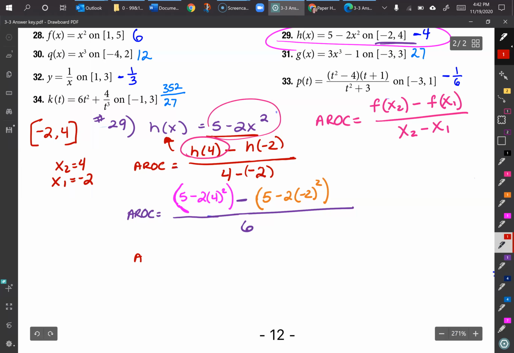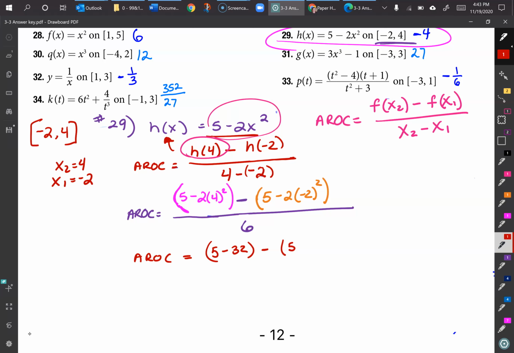So I'm going to have my average rate of change. It's going to be 5 minus, I have 2 times 4 squared, so make sure you do the exponent first. So 16 times 2, that would be 32. And then minus parentheses 5 minus 2 times -2 squared.